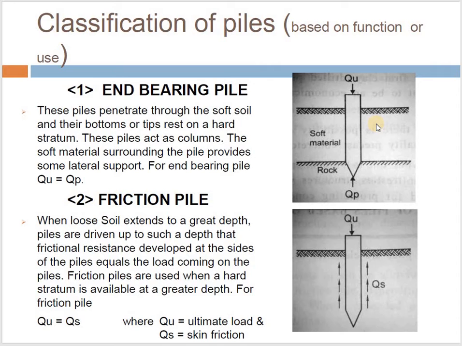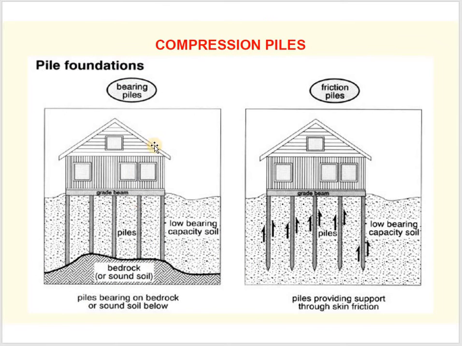That means the load coming onto the pile is countered by the frictional resistance of the surrounding soil. Here is just a sketch showing how the load is transferred. See here, the entire building load is transferred to the bedrock from the pile, and in the friction pile you can see there is no bedrock at the bottom, and all the load coming from the structure is transferred using the frictional resistance between the pile and the soil.